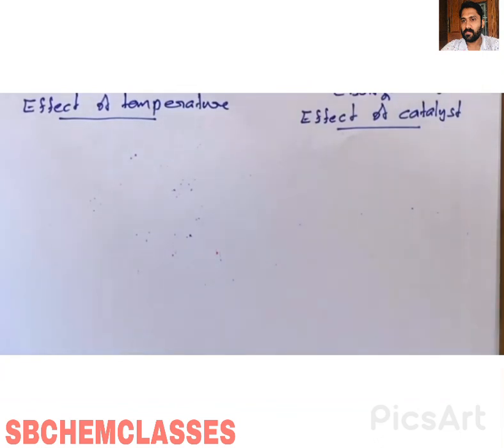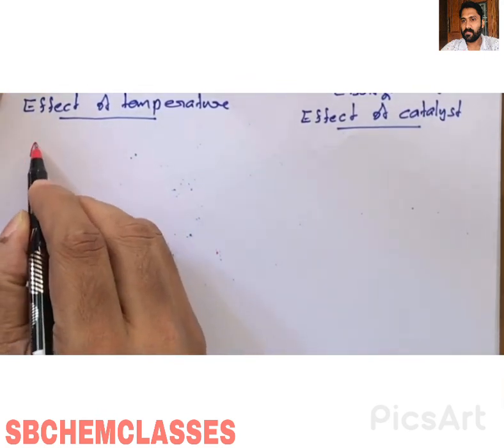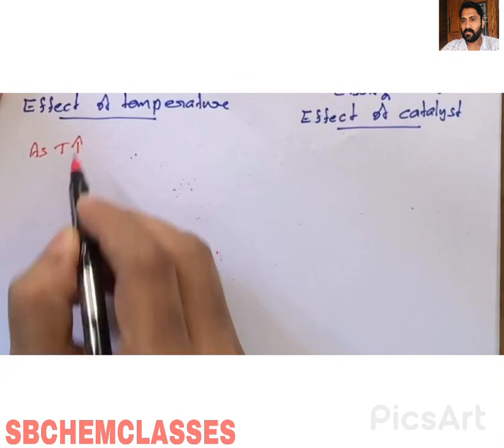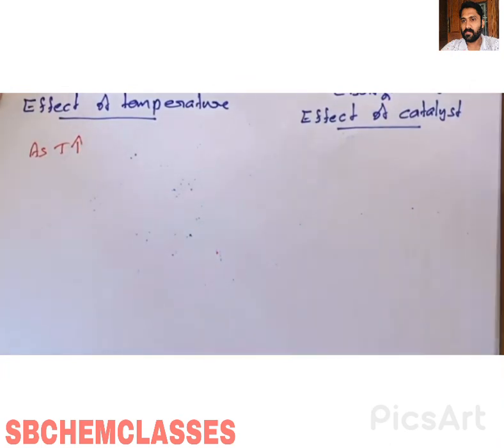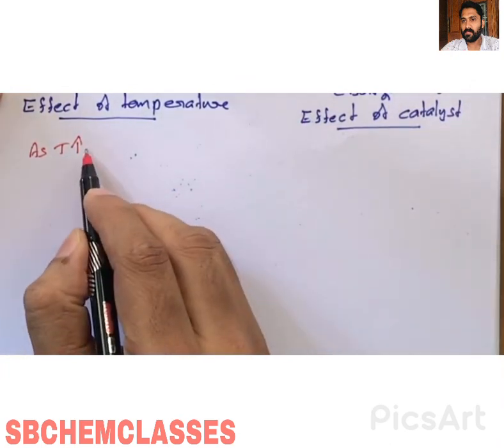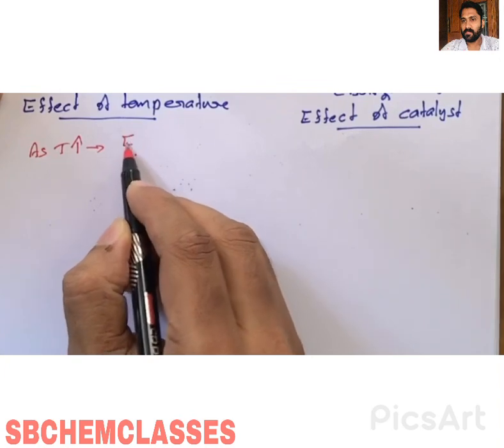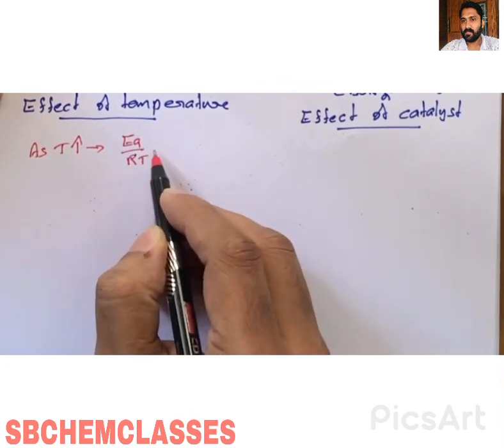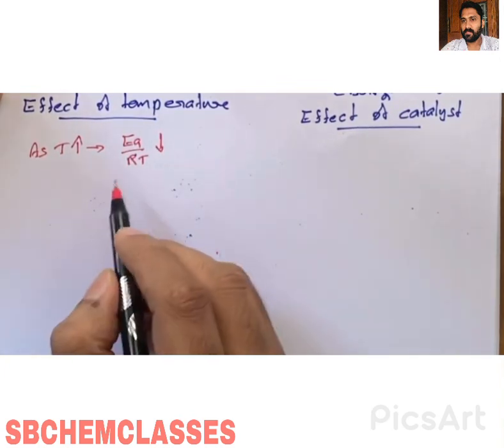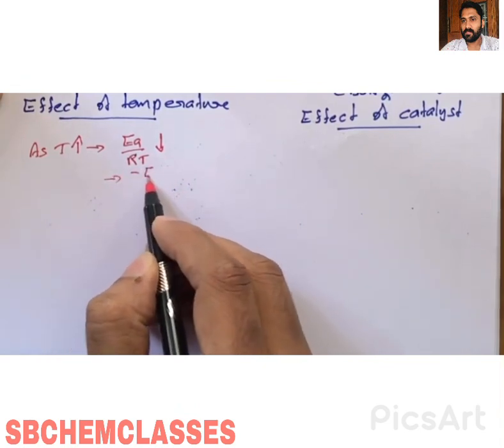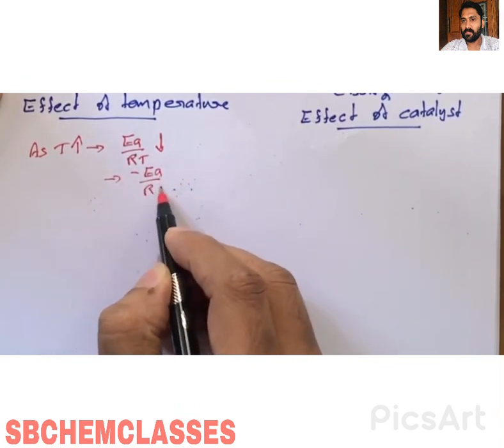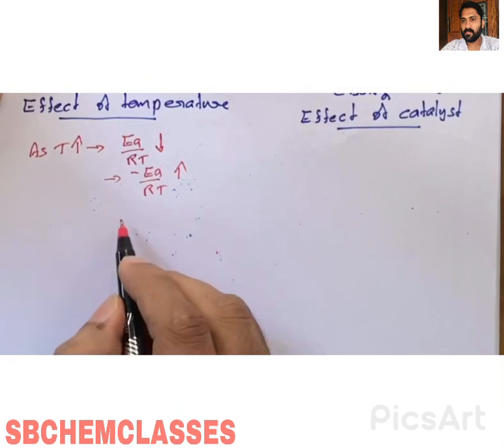Okay, let's check the effect of temperature and the effect of a catalyst on the rate of reaction. As temperature increases, we know Ea by RT decreases. So, minus Ea by RT increases.